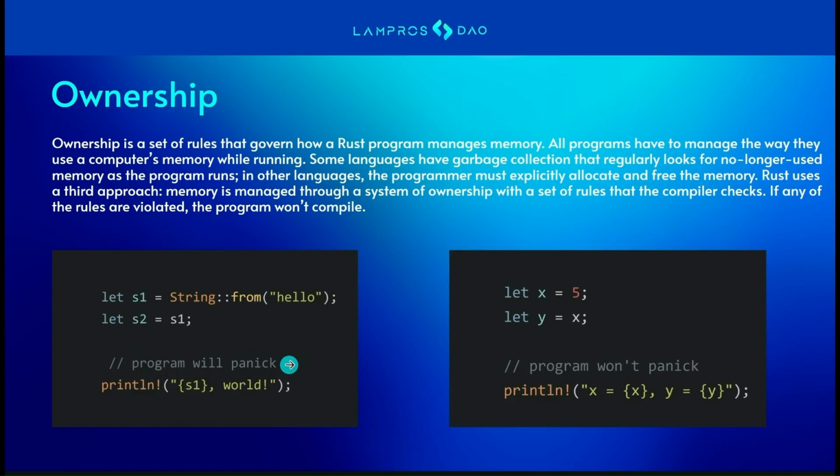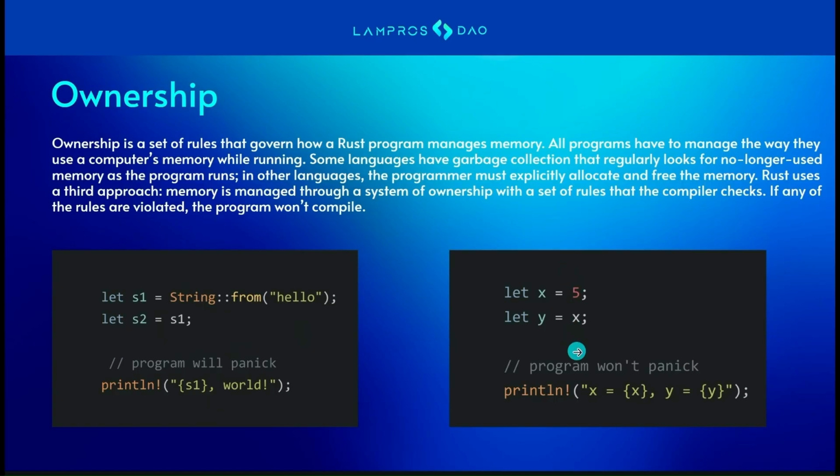The program will panic, meaning it will return an error, because s1's ownership has been transferred to s2 and s1 no longer has any ownership, so it gets freed from memory. Now s2 holds the ownership of the hello string value, so if you try to print s1, you will get an error.